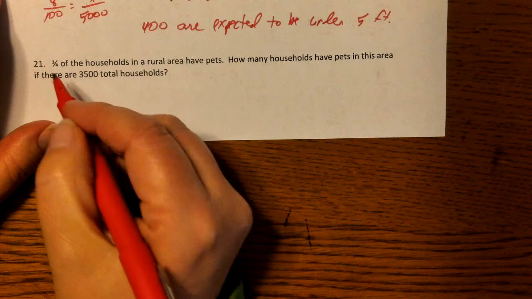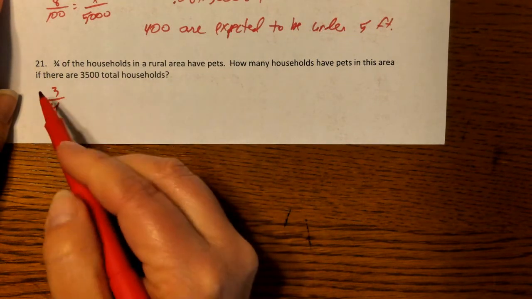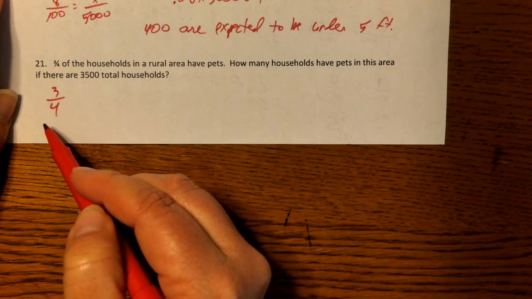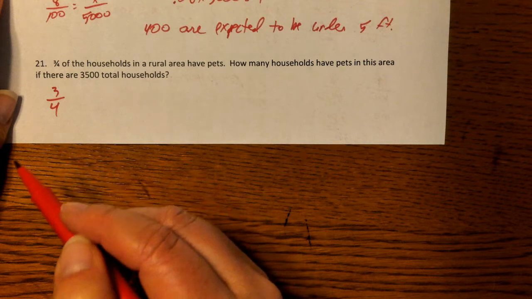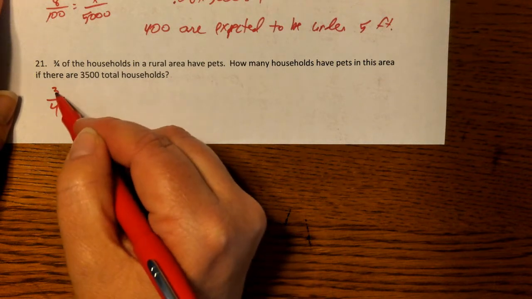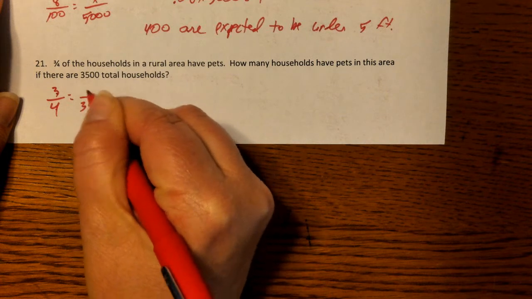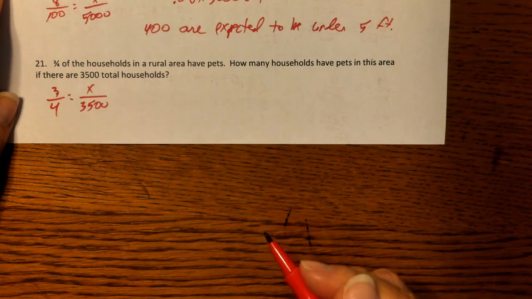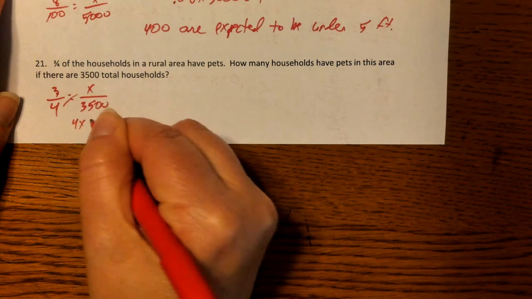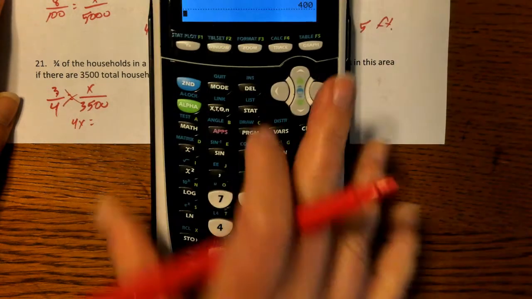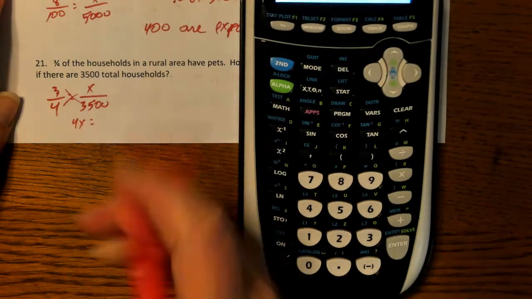Okay, well, 3/4 is a fraction, but it means that 3 out of 4 have pets, right? 3/4 means 3 out of every 4. So 3 have pets out of every 4. So how many would have pets out of 3,500? So I can use a proportion there, okay? Cross multiply: 4 times x has to be equal to 3 times 3,500, which is 10,500.